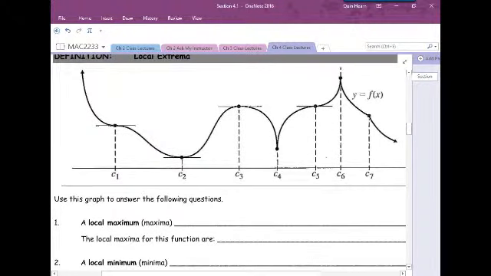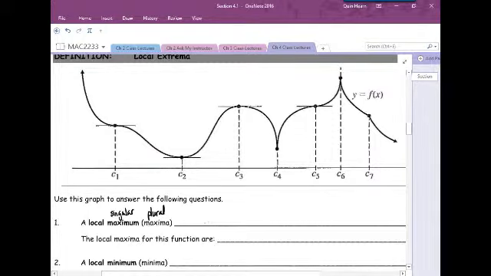Okay, the next thing we're going to look at is this graph, and we're going to find where we have certain characteristics. First of all, we're going to start by talking about local maxima. Maxima, by the way, is plural, and maximum is singular, but we're just talking about the same thing.